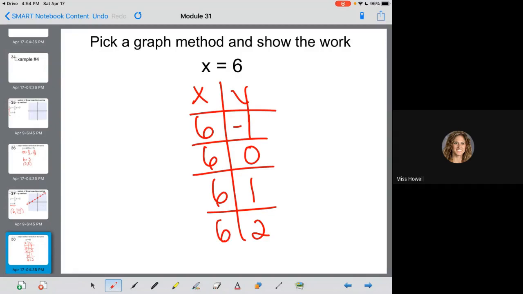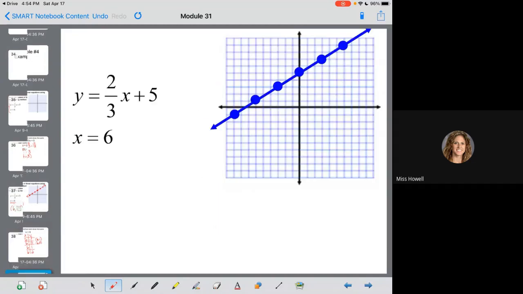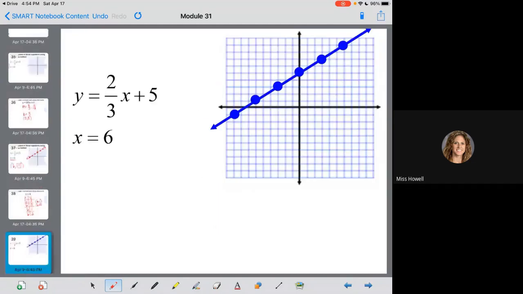Now that we have some points, for example, we're going to go to 6, -1, plot a point, 6, 0, plot a point, and so on. We can draw our other line. So to the right, 1, 2, 3, 4, 5, 6, down 1. Don't go up or down, up 1, up 2. And so we can take that and help us draw our other line in here.